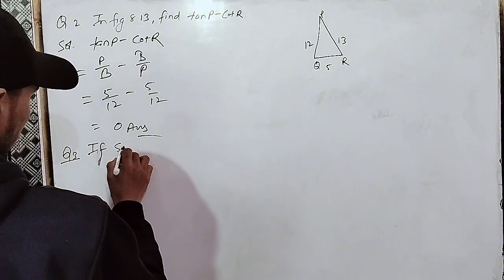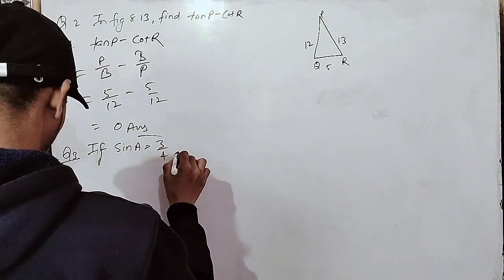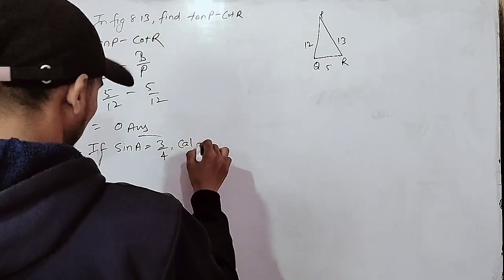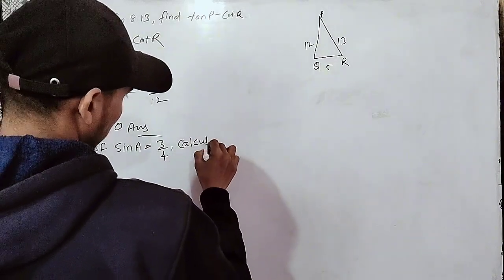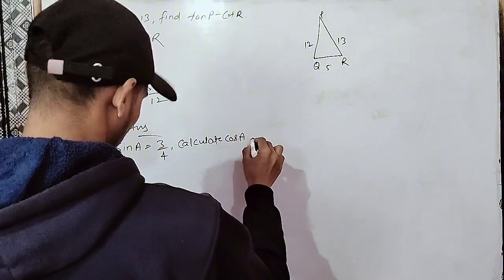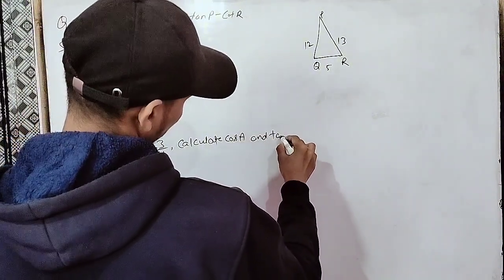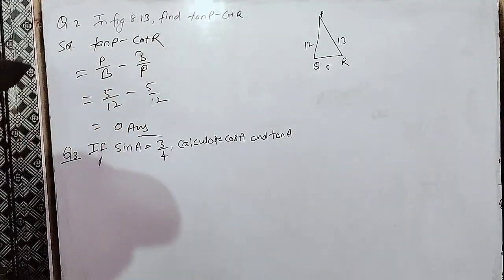If sin A is 3 by 4, then calculate cos A and tan A. Cos A and tan A.